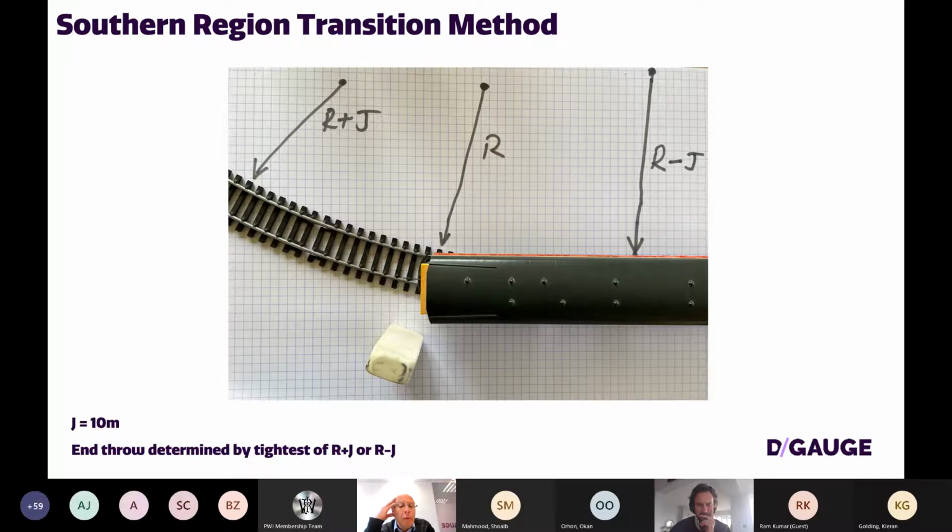Now, what we use is a simple formula that says we consider the radius that the end of the vehicle is going to see as being the tightest of the radius 10 meters ahead or the radius 10 meters behind. Now, that's a really bold simplification, but nevertheless, in the days when this methodology was implemented, it enabled you to calculate, for example, the transition throws going into places of tight curvature change, such as the throat stations.